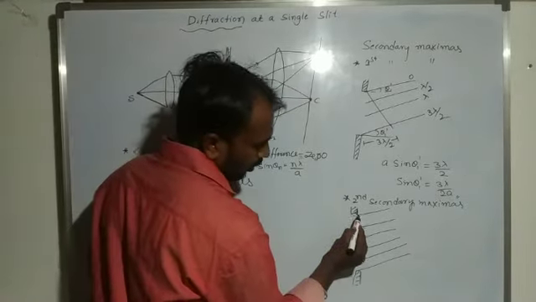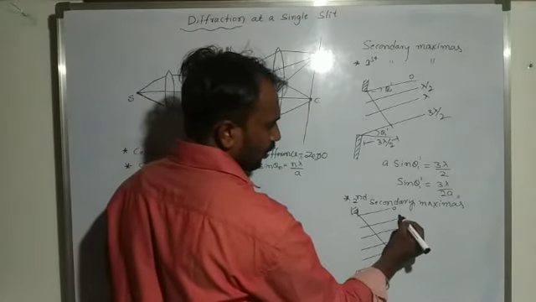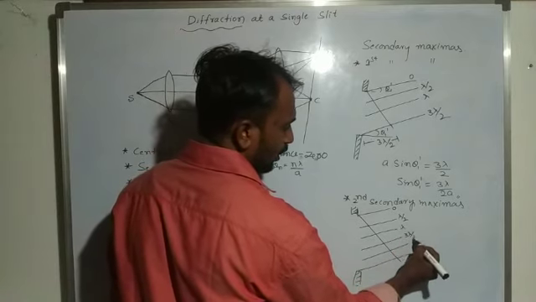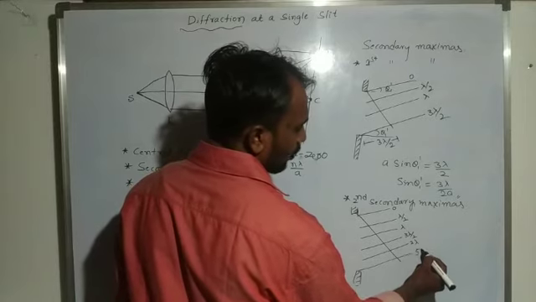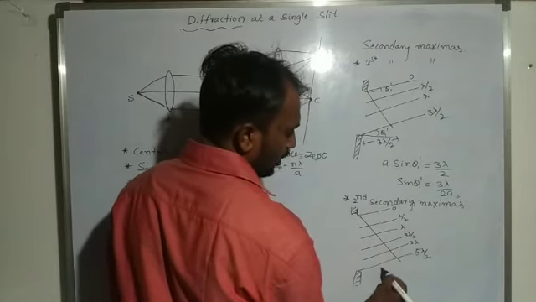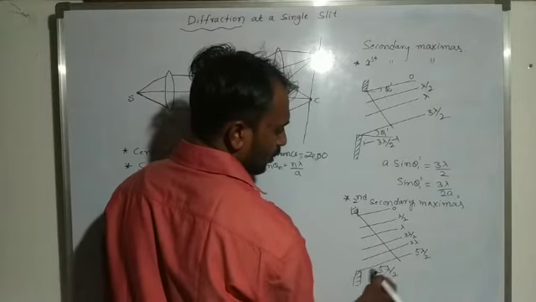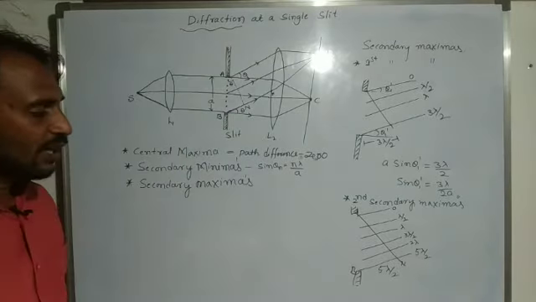And here, path difference is 0, and this one is lambda by 2, this one is lambda, 3 lambda by 2, and here 2 lambda, and this one is 5 lambda by 2. So the path difference here we get is 5 lambda by 2. This distance is BN. Path difference is 5 lambda by 2.